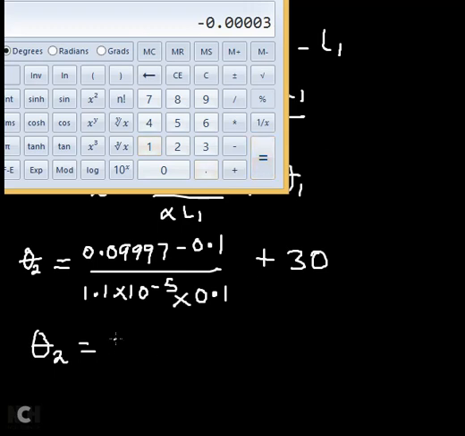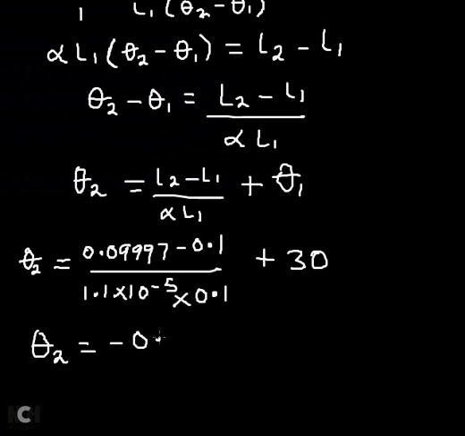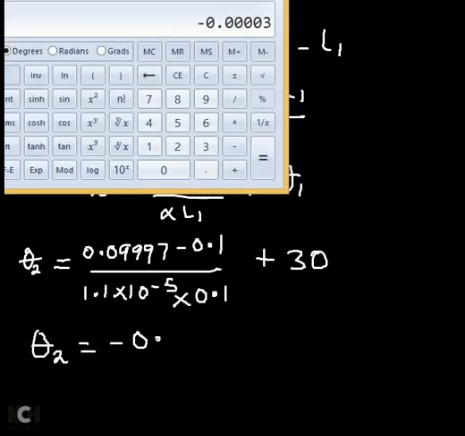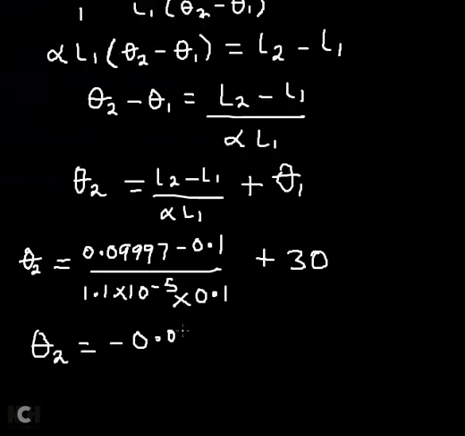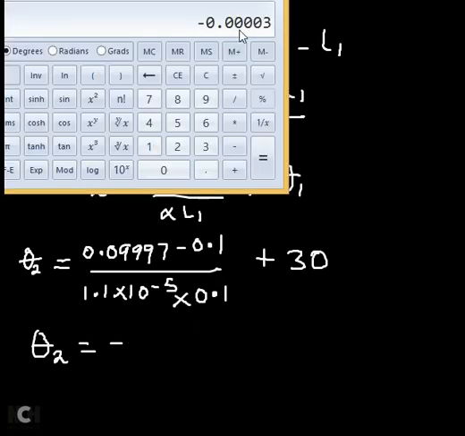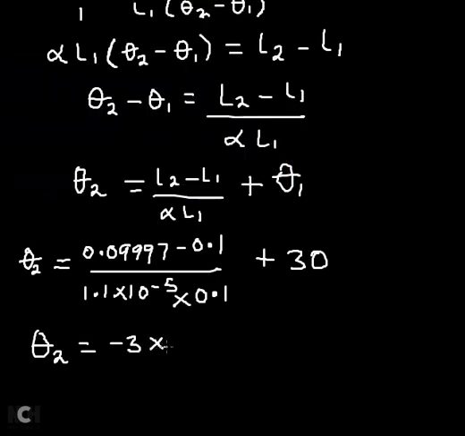So here I'm having minus 0.00003. Or better still, let me put it in standard form. How many zeros are we looking at there? I have one, two, three, four zeros, and if I put that in standard form, that's going to be minus 3 times 10 raised to the power of minus 5.